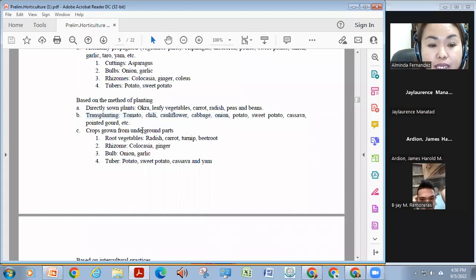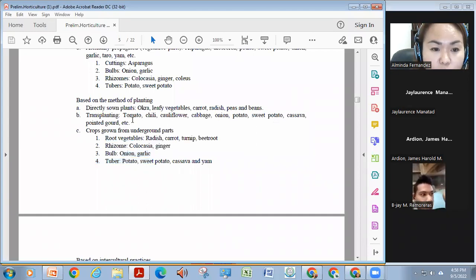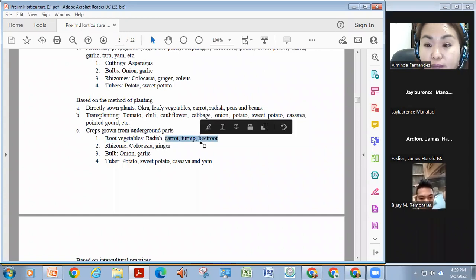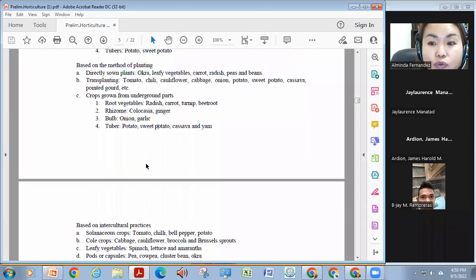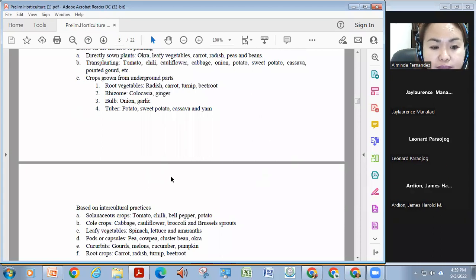And pag underground parts or root vegetables in radish and so on, and rhizome, bulb, and tuber. So, there are also plants like radish seed and carrot seed, hindi sila pwedeng i-transplant kasi magkakaroon sila ng fork radish. And we have seen that in our previous Craft Science 1, no?